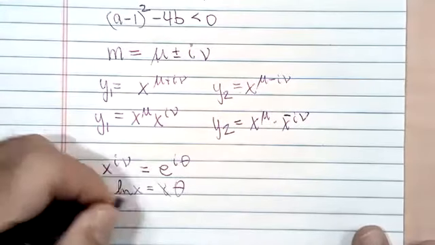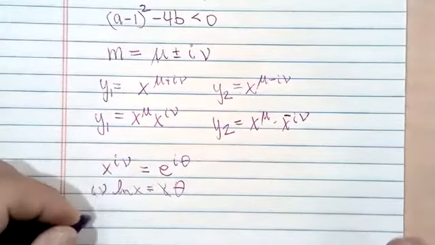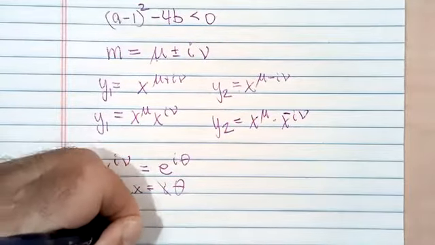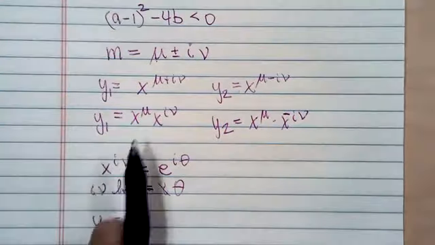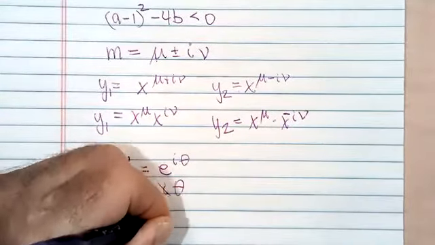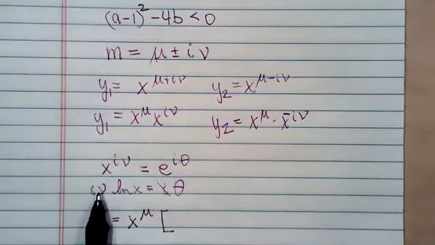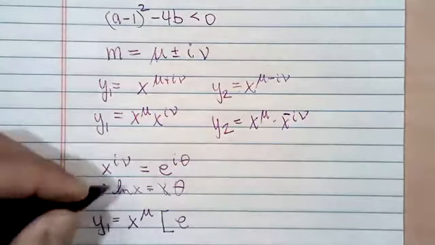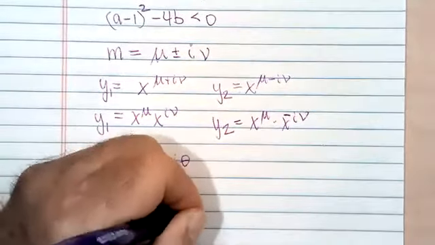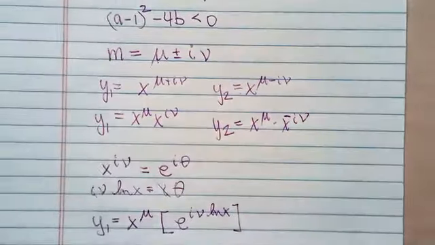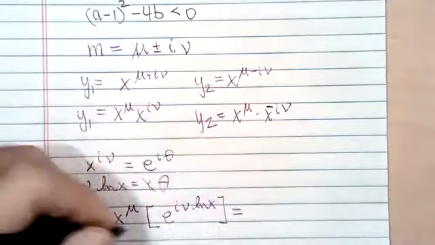But theta is equal to nu log x. So that means y1, which is x to the mu times x to the i nu. Well, x to the i nu is e to the i nu log x. And I didn't really need the brackets there, but I do here.